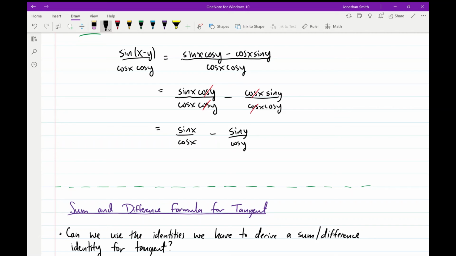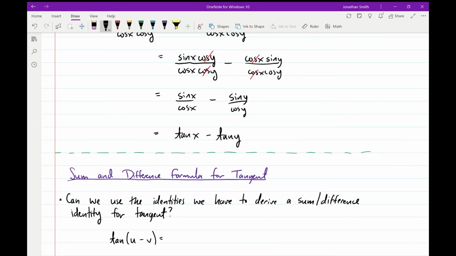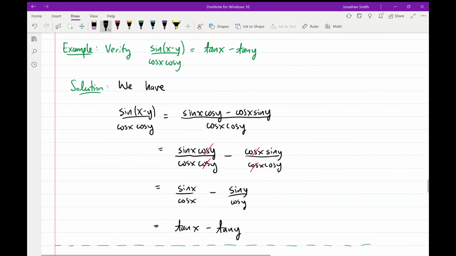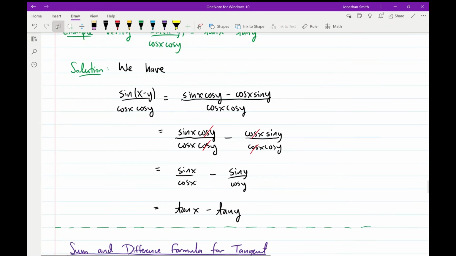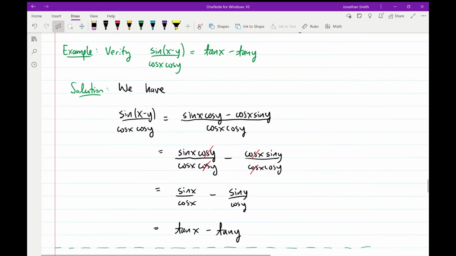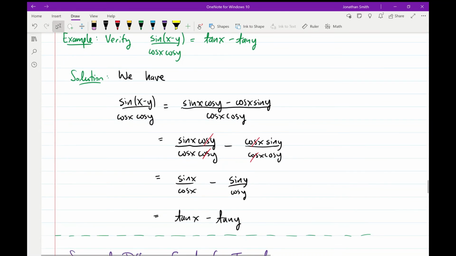But now, by the quotient formula, this is just tangent x minus tangent y. So this last part is just by the quotient identity for tangent. So we've proven this identity that we have for sine x minus y over cosine x cosine y.